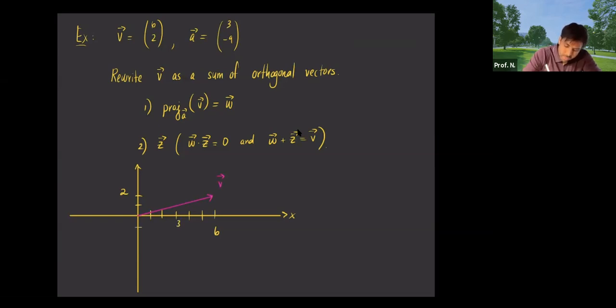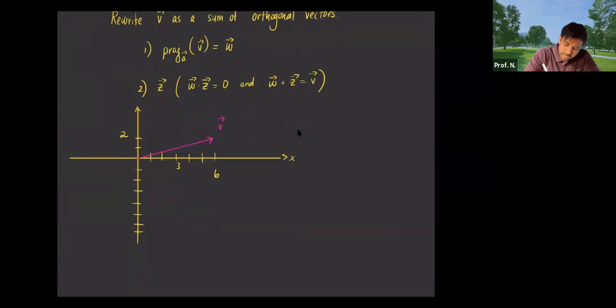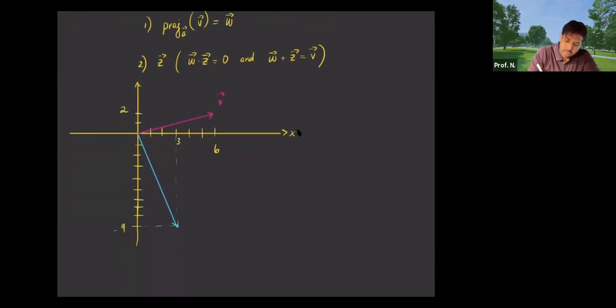So it'll be 1, 2, 3, 4, 5, 6, 7, 8, 9. And so I got something like this. This is A.